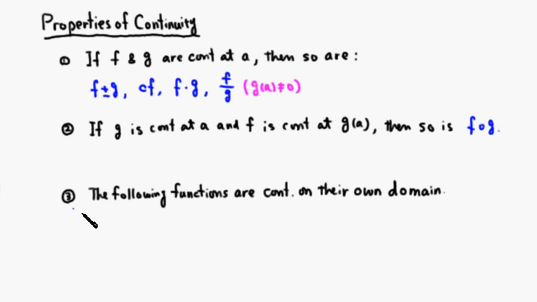For example, polynomial. Polynomial functions are continuous everywhere because the domain of a polynomial function is all real numbers.